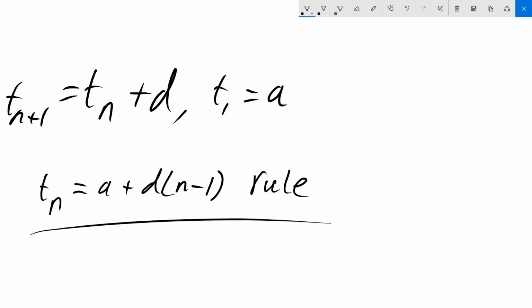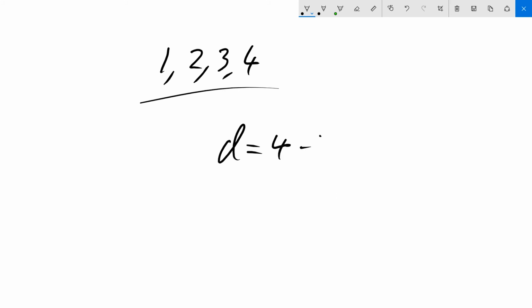We explained that this is an arithmetic sequence, which is just one type of sequence. And we've shown how to work out what the common difference is given the sequence.